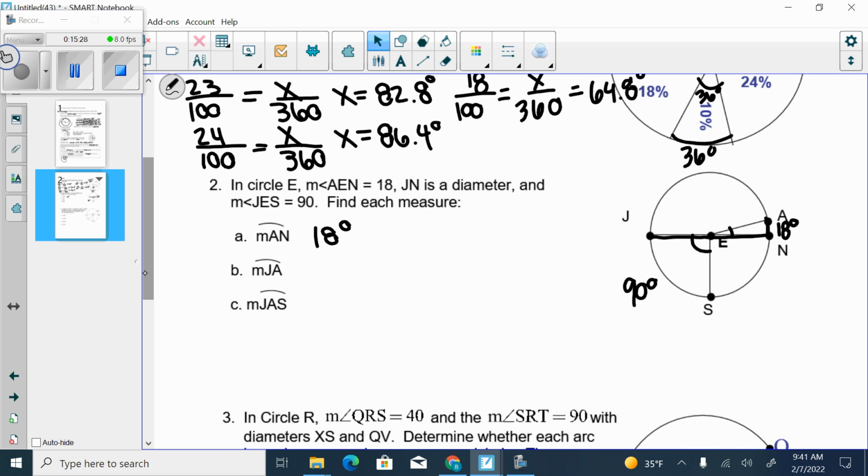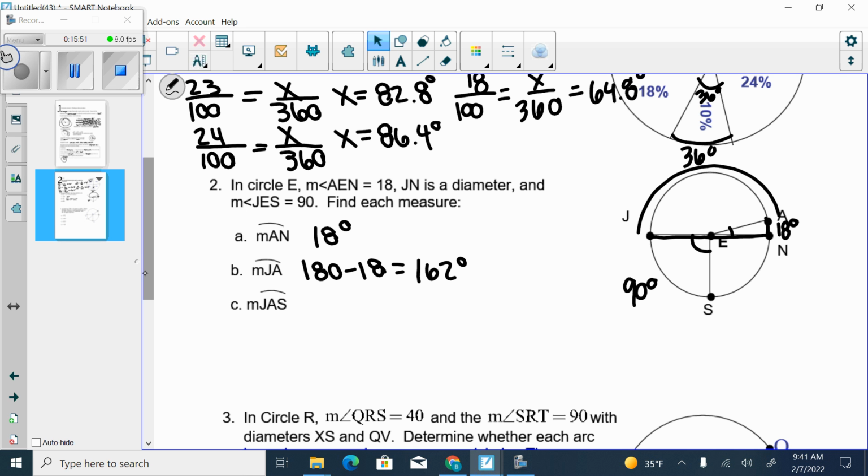Okay. The arc JA. Okay, so JA would go from here to here, right? So how could we figure out its measure? 180 minus 18 leaves us with, very good.